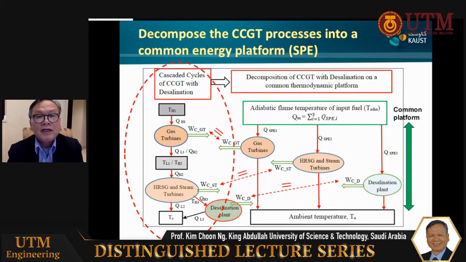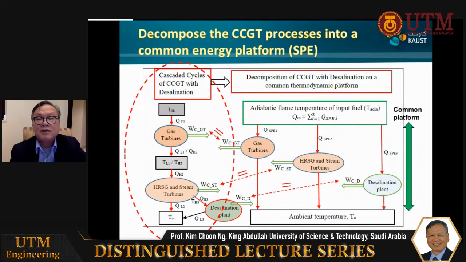So the key point here is to keep the Carnot cycle work so that it can represent the gas turbine in this decomposed cycle. As you can see, with the gas turbine having the same work output, we can compute the corresponding energy that is supplied from this high temperature reservoir at QSPE. SPE stands for standard primary energy.